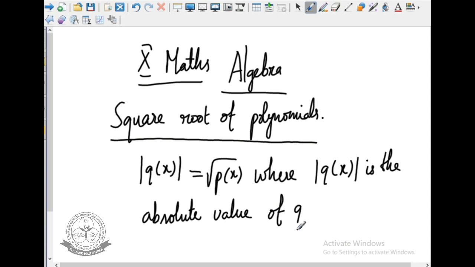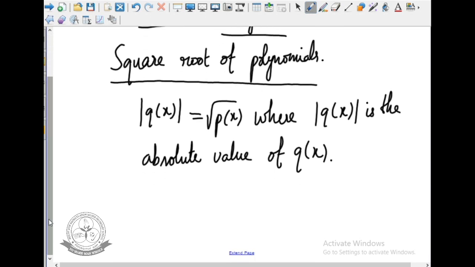q of x. What is the meaning of absolute value? Absolute value means, suppose I take any number, modulus of -5, that is equal to the square root of that number squared. If I take any positive or negative number, I will get only the positive number.